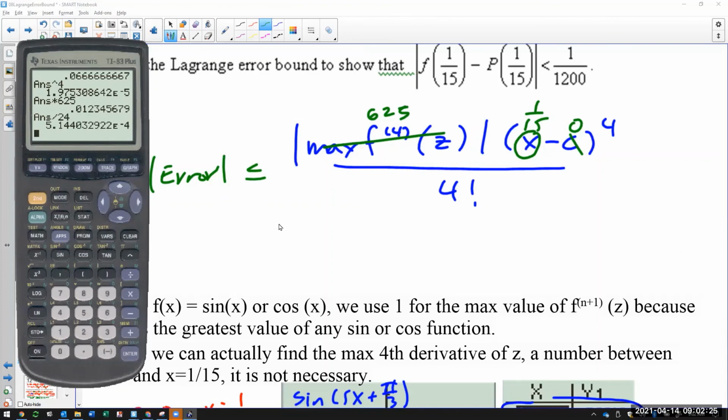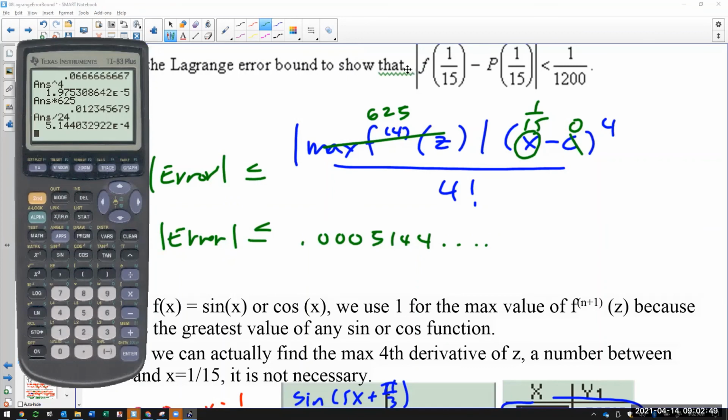Okay, and this number here is my maximum error, 0.0005144, and there are more numbers here. This is the most my error can be, using the Lagrange remainder theorem, if I plug in 1 over 15 for x, and I stop at the approximation of four terms.